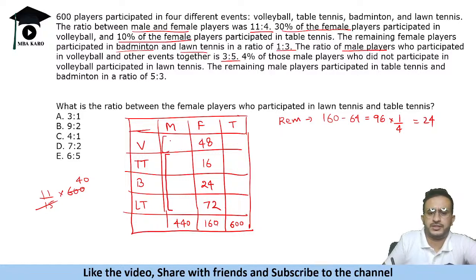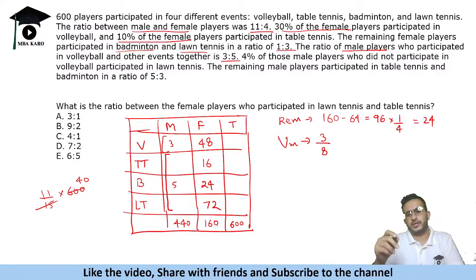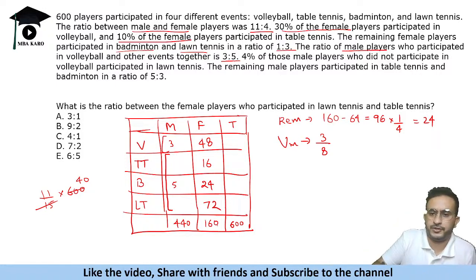This means that volleyball male players are 3 out of 8, because see, your concept understanding of ratio should be good. You do not take 3 and 5. You should take 3 upon 8, because 3 are volleyball, 8 are total players of 440. So 440 divided by 8 is 55. 55 into 3, you will get 165.